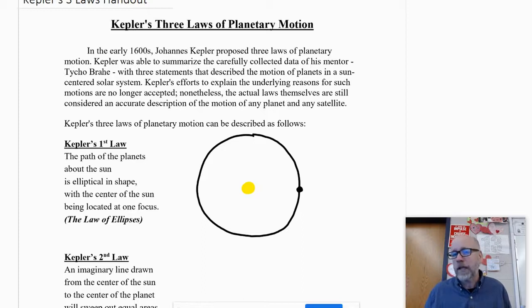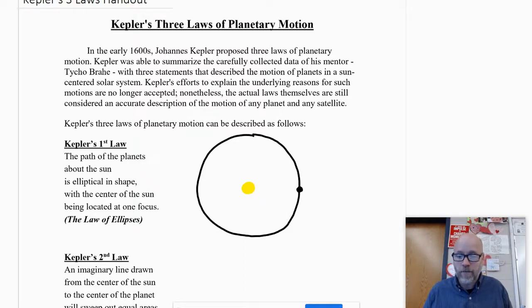And that is that the planets travel in perfectly circular orbits. Why did they travel in perfect circular orbits, the ancients thought? Because that's a perfect form of motion and can continue on. So they thought the planets, the wanderers in the night sky, traveled in perfect circles, and Kepler showed that they did not.